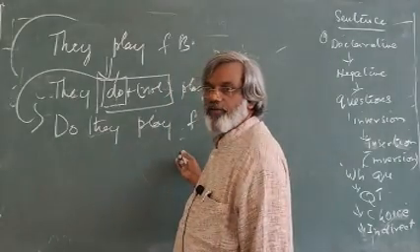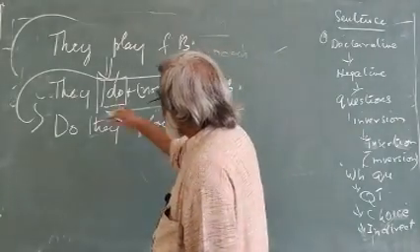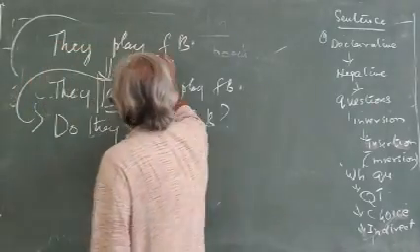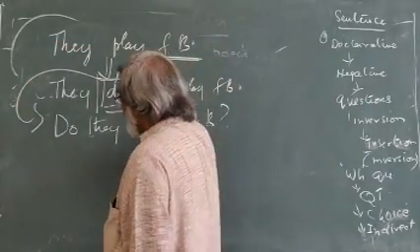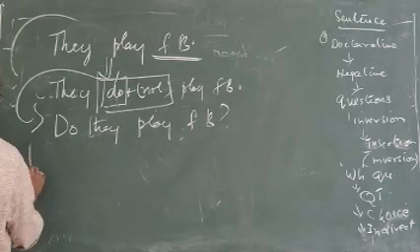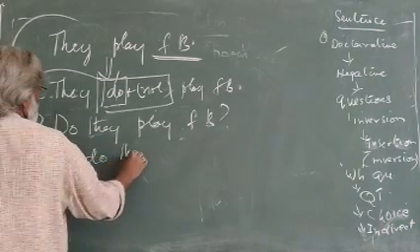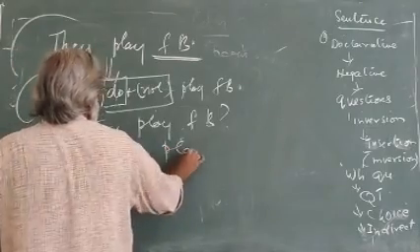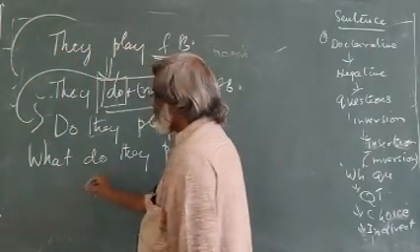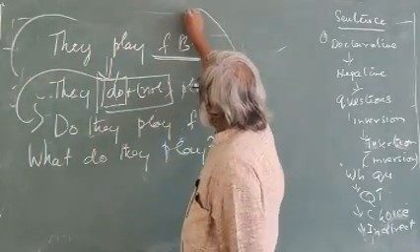This is a positive question. After this step, suppose you underline football, then you can add WH. What do they play? Question mark. The answer you will get is football.